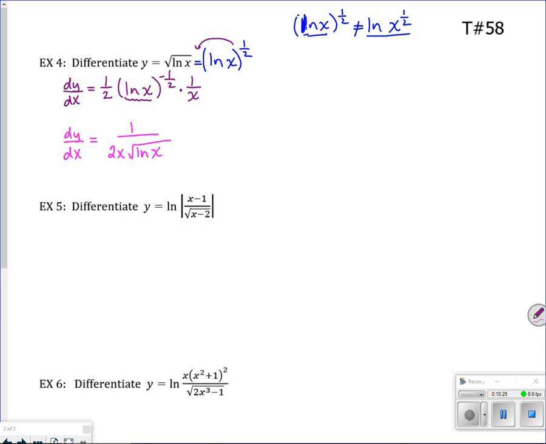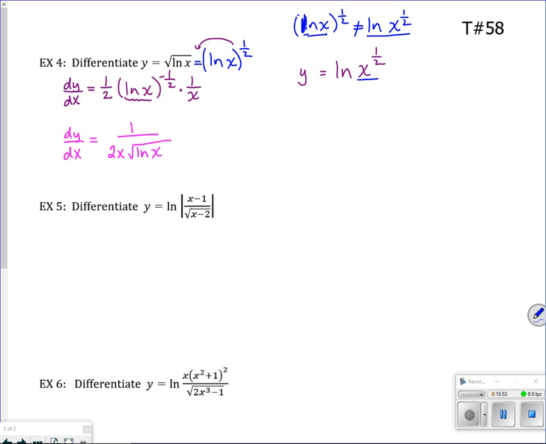Now, just for the sake of making sure we understand, let's look at this one on the right, and let's remember a few things. If I wanted to take, I know it's not on your paper, but if I wanted to take the derivative of that thing, I certainly could consider this to be my u and take the derivative of u, do u prime over u, and get that. But watch a smart idea.